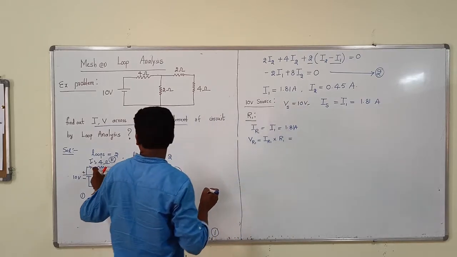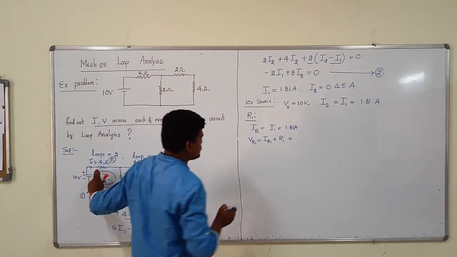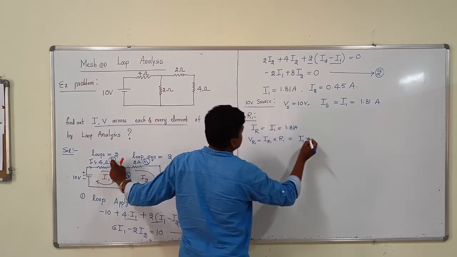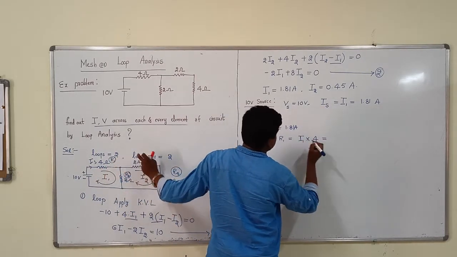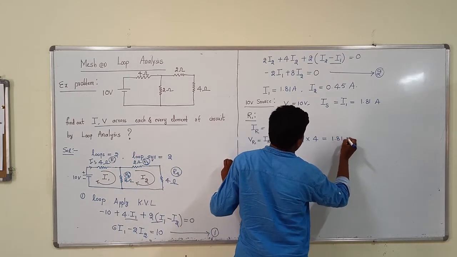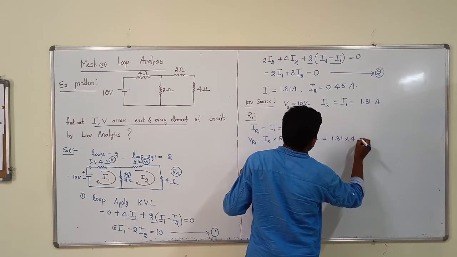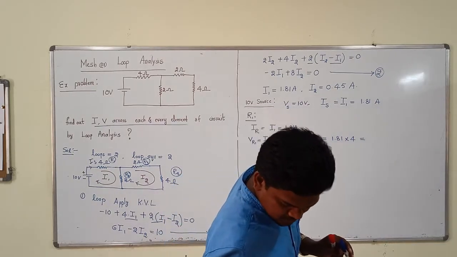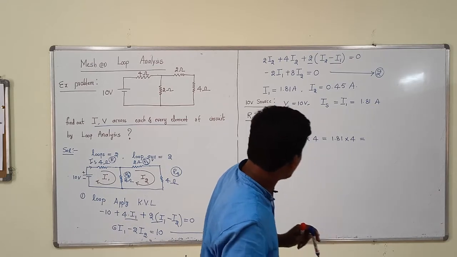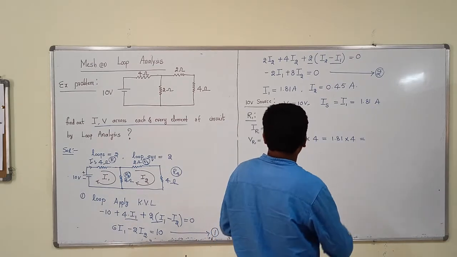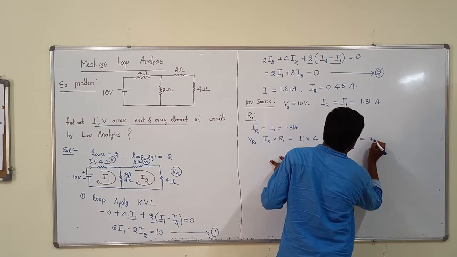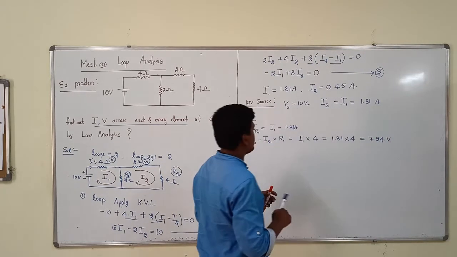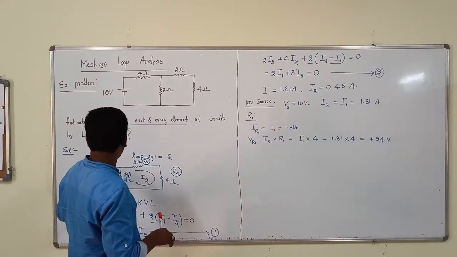The current across R1 is the I1 current. What is the R1 value? R1 value is 4. What is the I1 value? 1.81. If you solve this, you will get VR1 is 7.24 volts. This is about the R1 resistor.